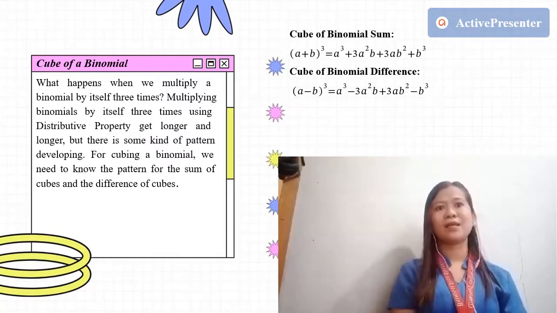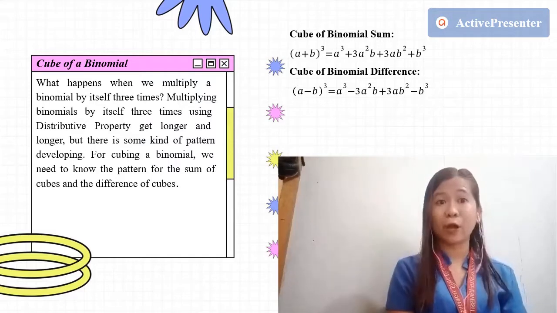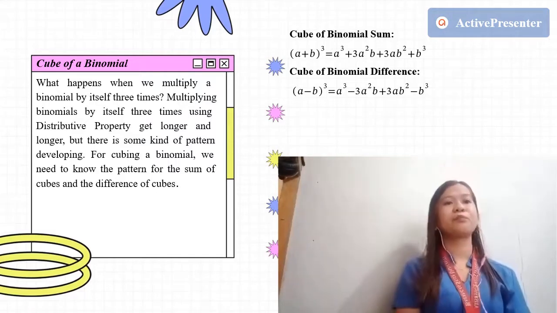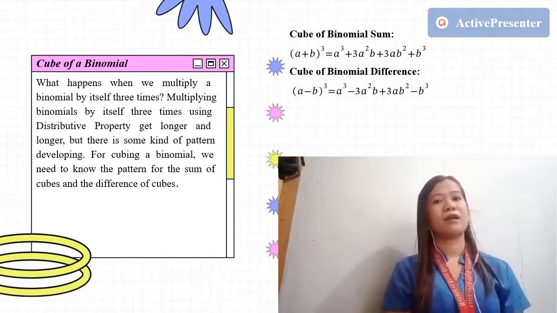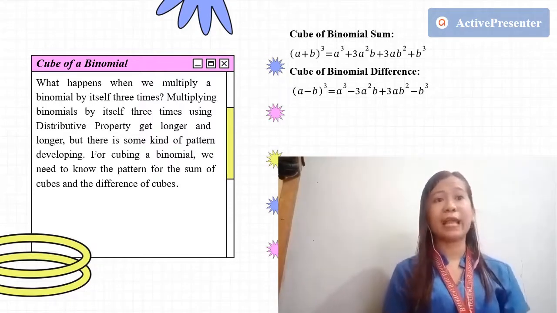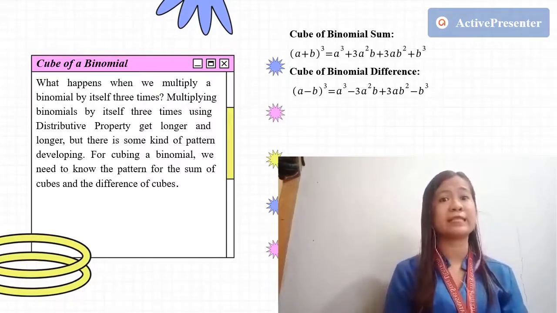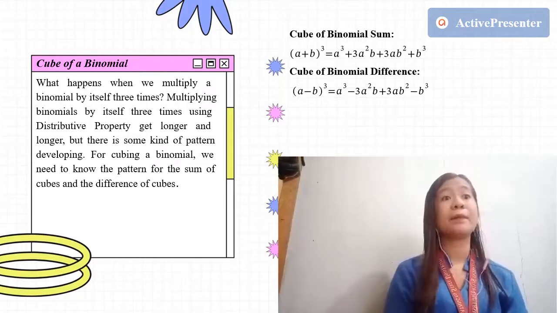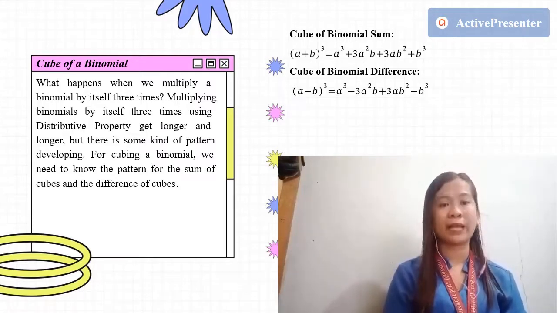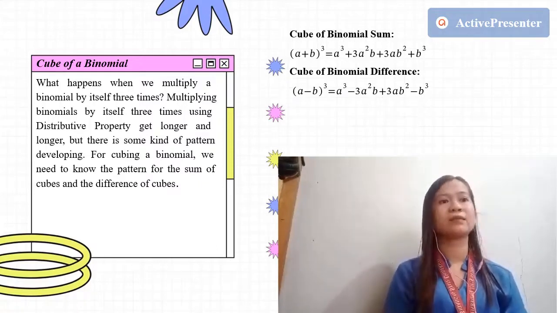Okay, so let us have the first one, cube of a binomial for addition. If we have the given binomial, which is a plus b cubed, or getting the cube of a binomial which is a sum, we can have this pattern. So a cubed plus 3a squared b plus 3ab squared plus b cubed.